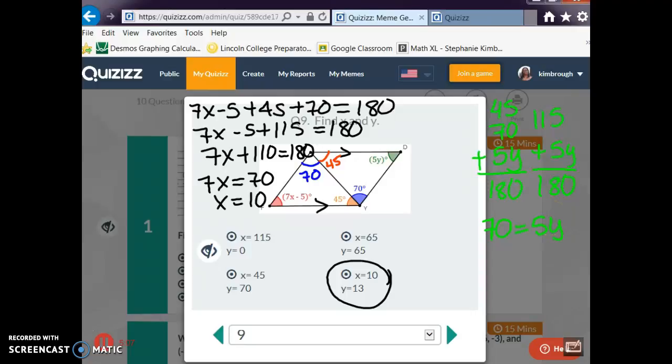Dividing by 5, that gives me 13. Watch my math. So there you go. The answer is x equals 10 and y equals 13. Great job, everyone.